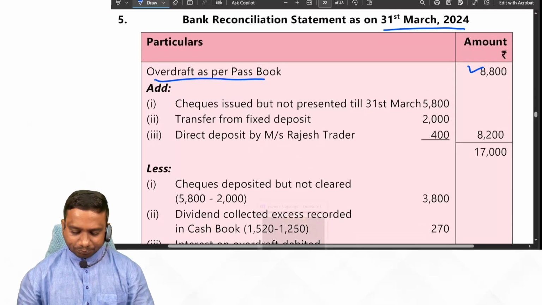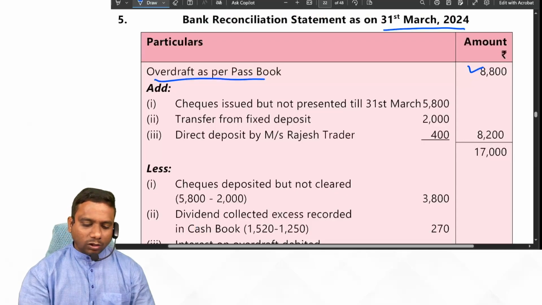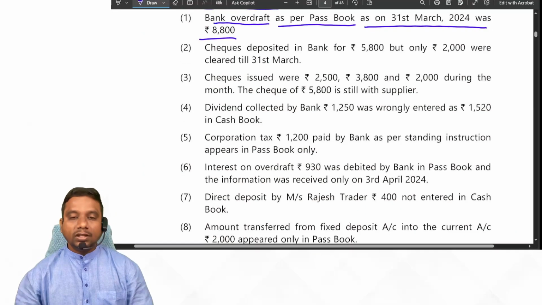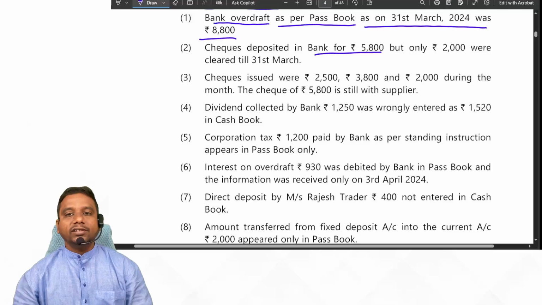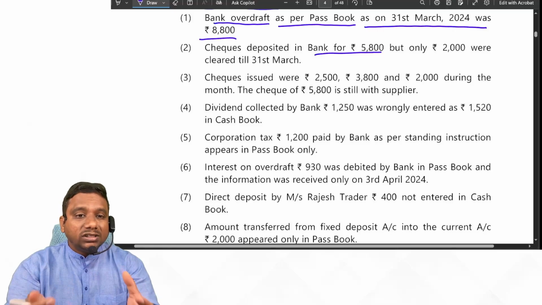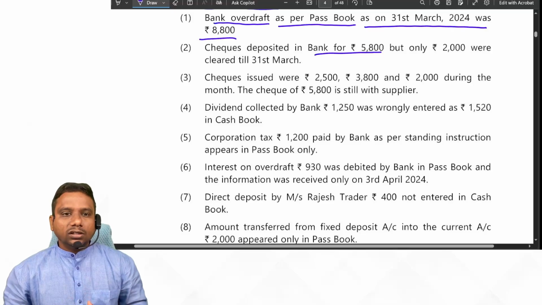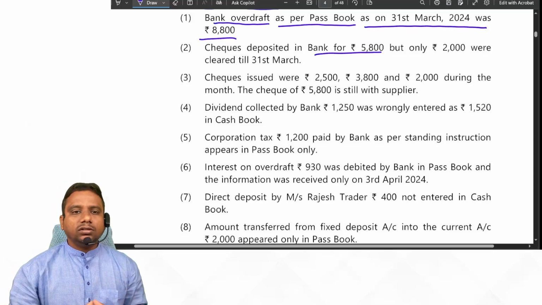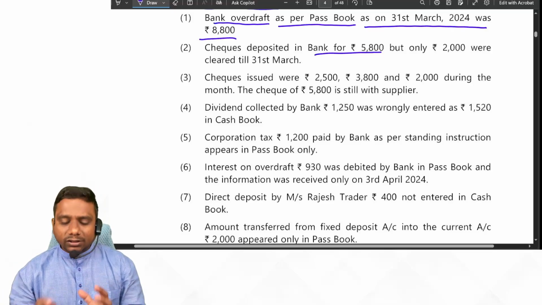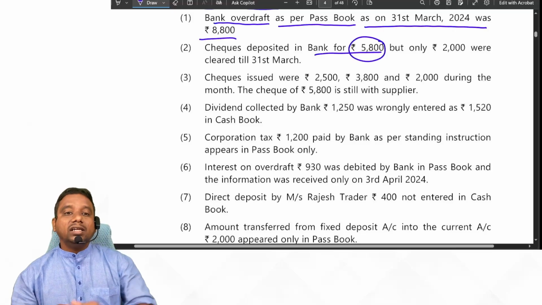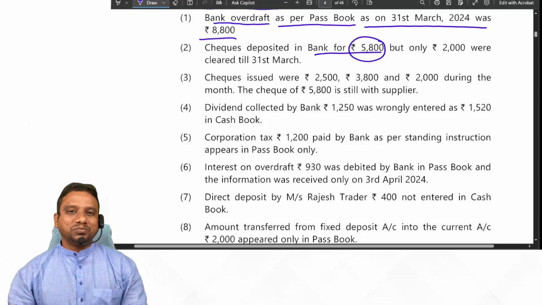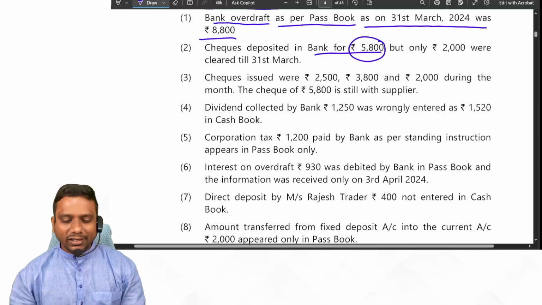Now look at it, one transaction at a time. Checks deposited in bank for 5,800. In total we have deposited checks into the bank. Who will record the transaction first? The cashier. We record it in the cash book first. With this amount, our overdraft automatically decreases.